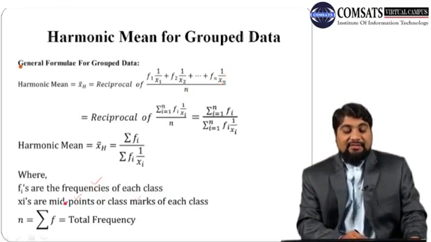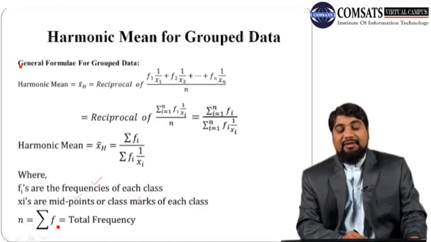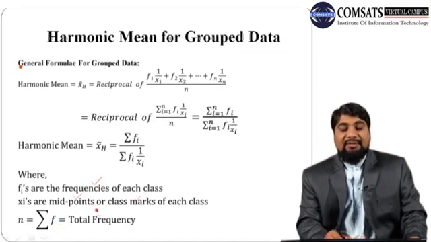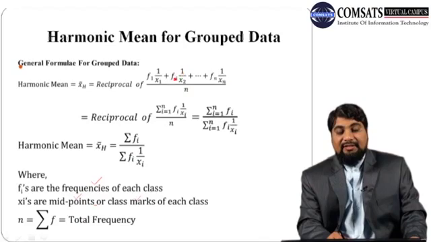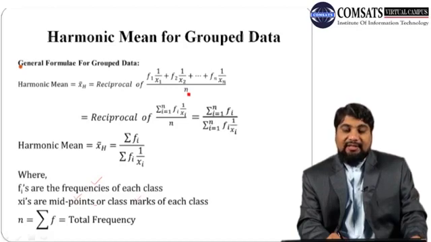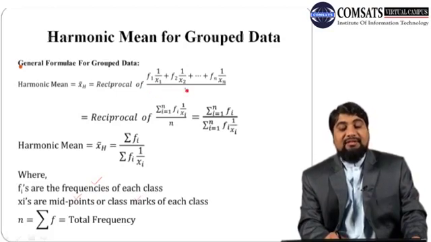This n is the same as summation f, or total frequency. So you can replace this n by summation f as well. Instead of writing n here, we can also write summation fi, or we can write f1 plus f2 and so on up to fn. So there are two ways.